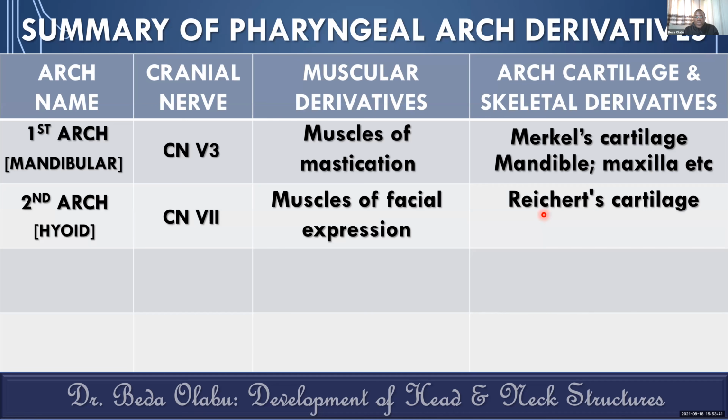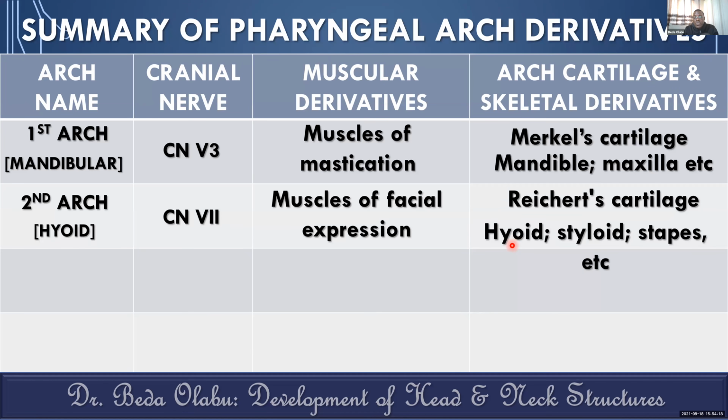Reichert's cartilage also involutes on a large part of it. But we now have the skeletal structures which are derived from the mesenchyme of the second pharyngeal arch. So the skeletal structures derived from the mesenchyme of the second pharyngeal arch include the lesser horn of the hyoid bone, as well as the upper part of the body of the hyoid bone.